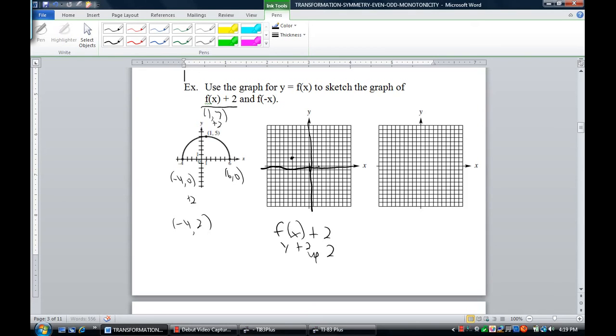So let's go right 1, up 7. 1, 2, 3, 4, 5, 6, 7. I think that's 7. And then 6, comma 0, when I add 2, becomes 6, comma 2. Looks like a B. 1, 2, 3, 4, 5, 6, 1, 2.